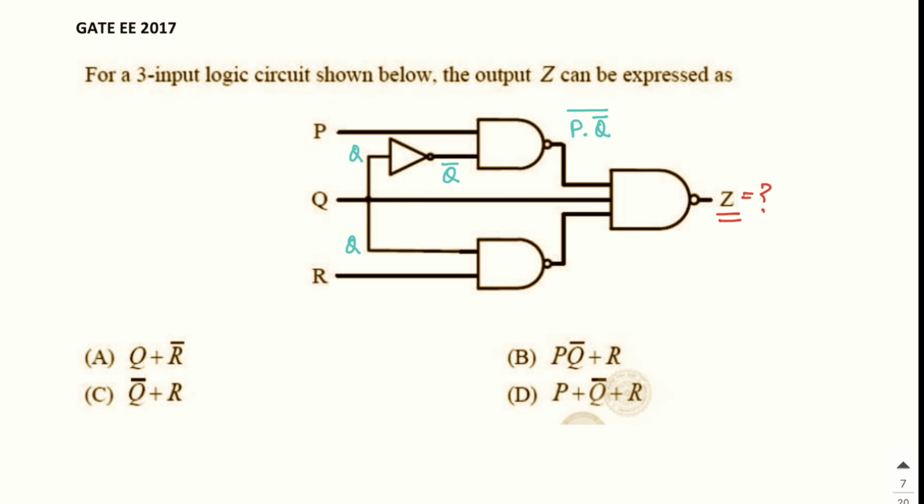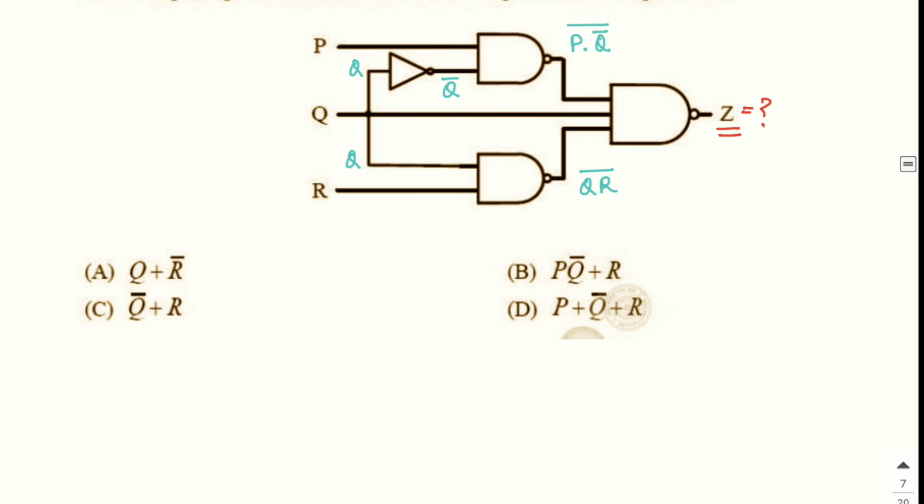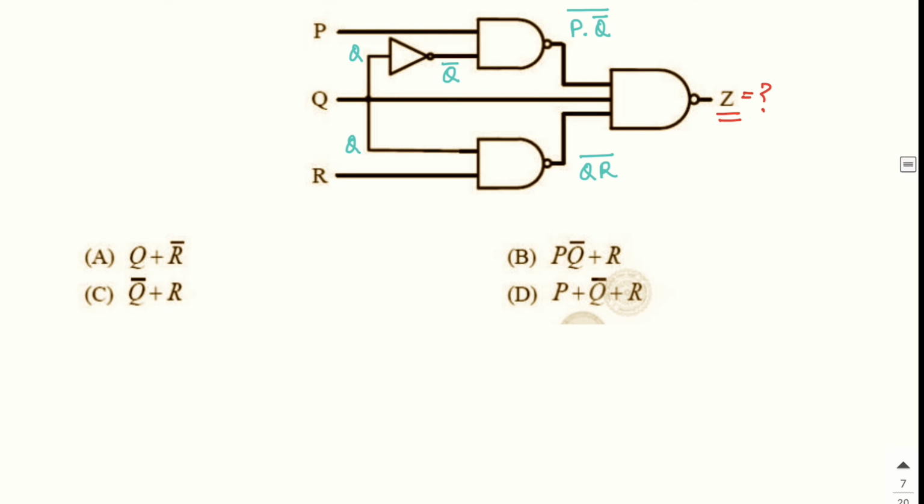Then at this side you have QR whole bar, and all these 3 inputs are going to Z through a NAND gate. So you know the 3 inputs for the NAND gate now, so we can write down that Z would be equal to P dot Q bar whole bar dot with Q dot with QR bar and whole bar.